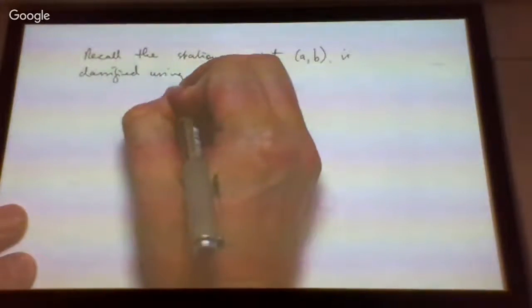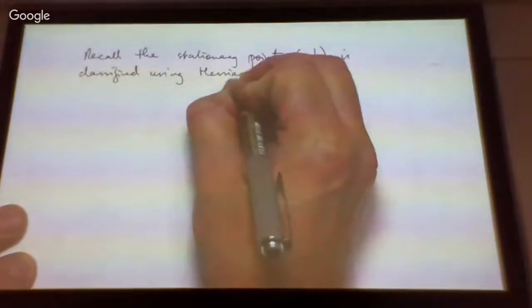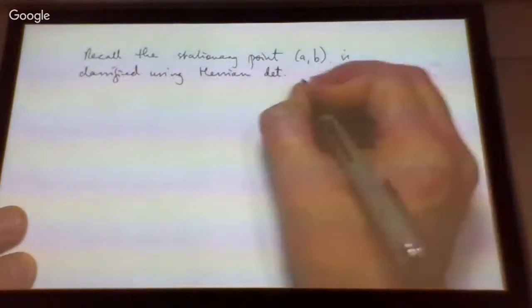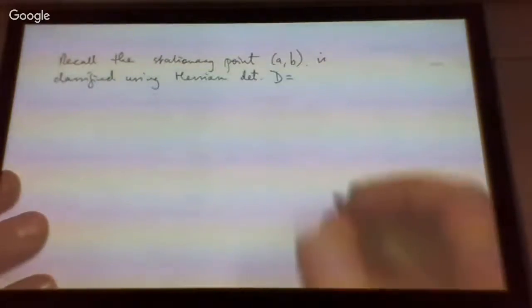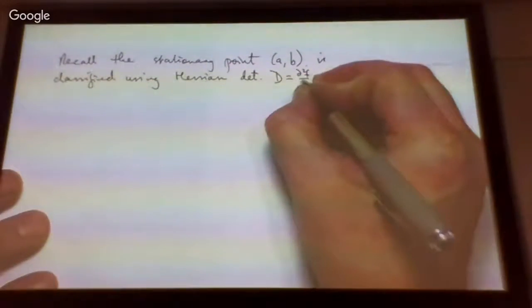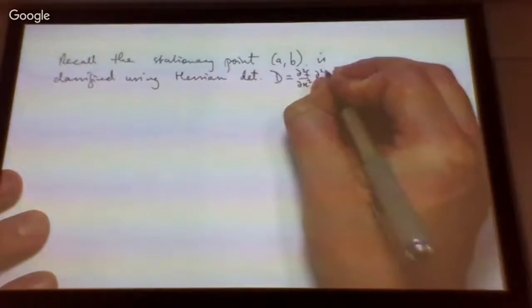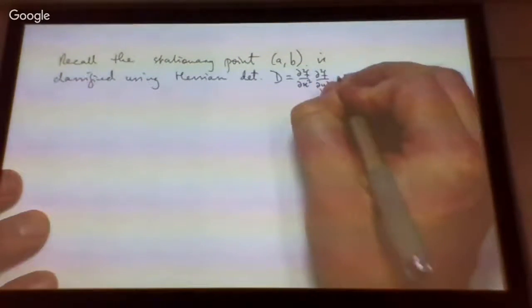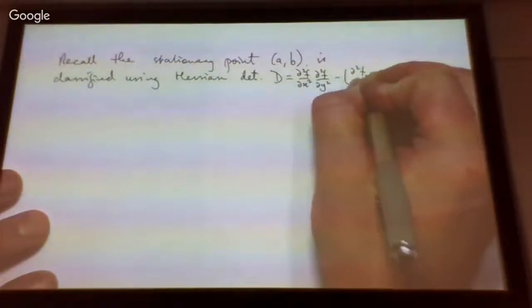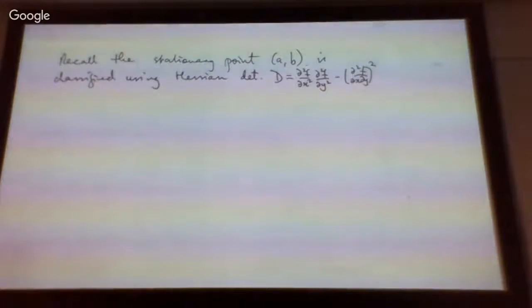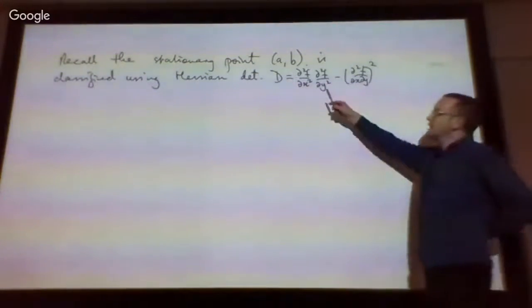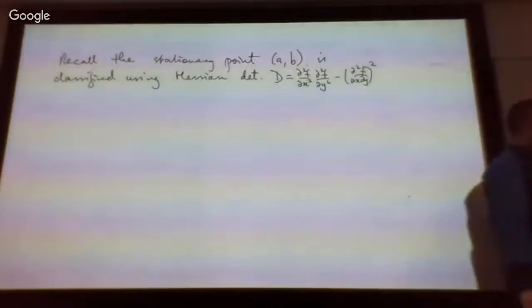Remember, D is the product of the second order partial derivatives minus the square of the mixed second order partial derivative. Okay, so we evaluate this Hessian determinant at the point (a, b).